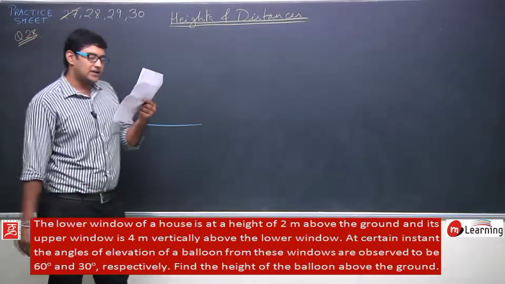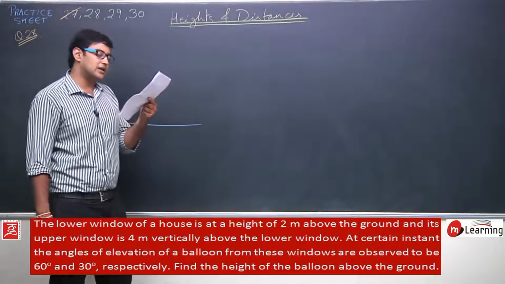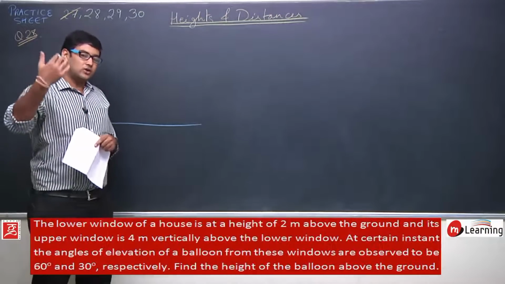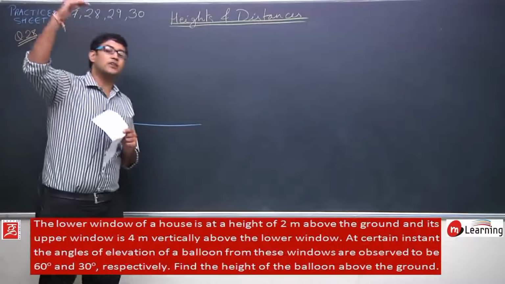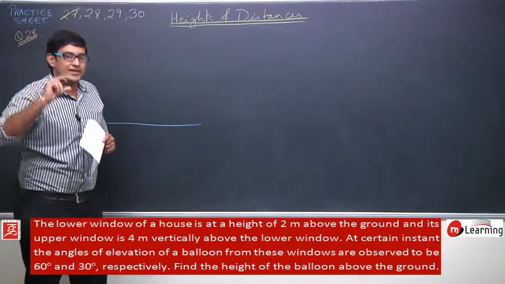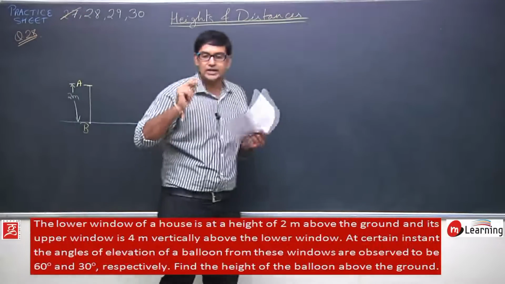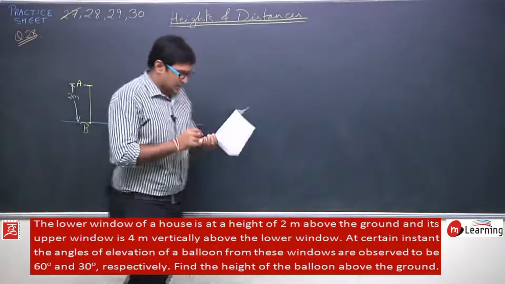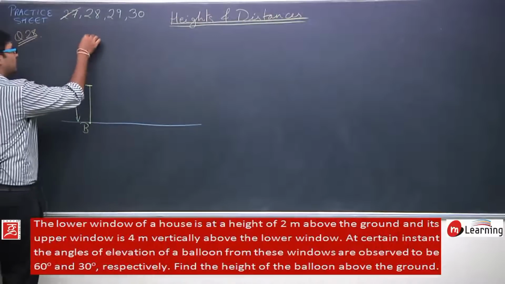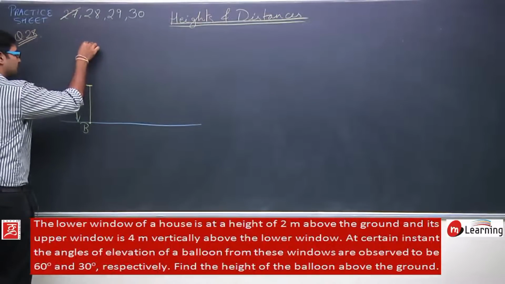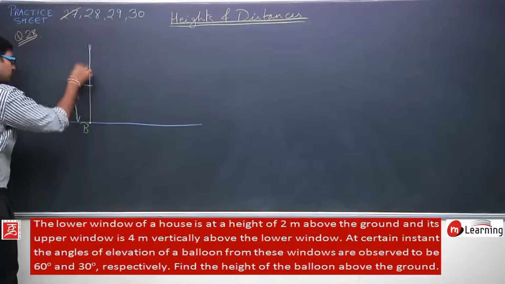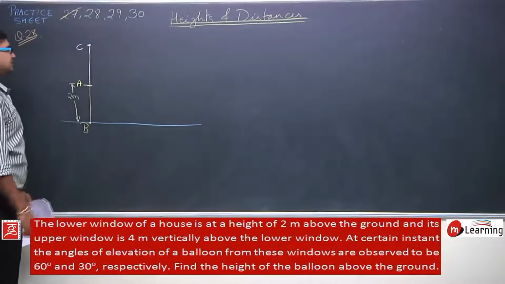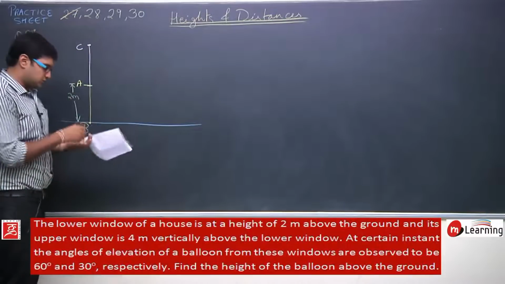Further it says its upper window is 4 meters vertically above the lower window. So what is the 4 meters? The 4 meter distance is calculated from this lower window, not from the ground. So I need to move 4 meters upwards, like this, to somewhere at this point, which is, let us say, C, where the upper window is situated.